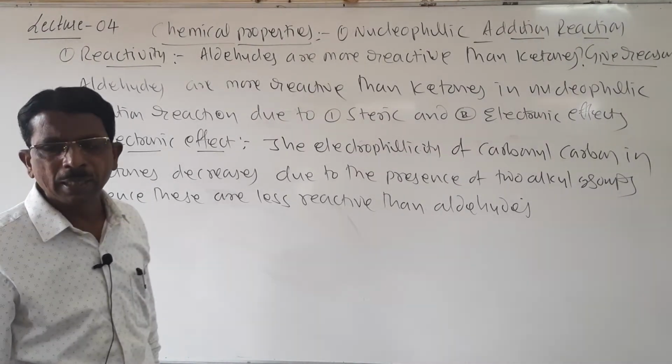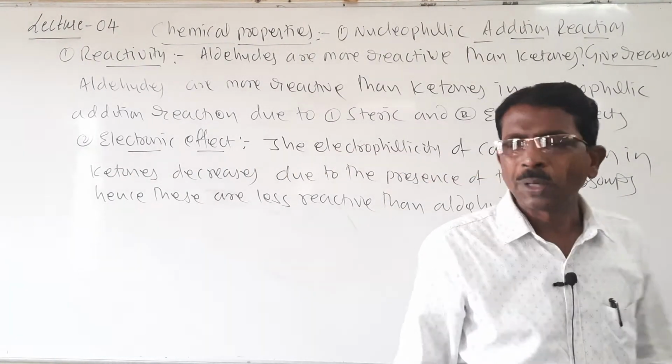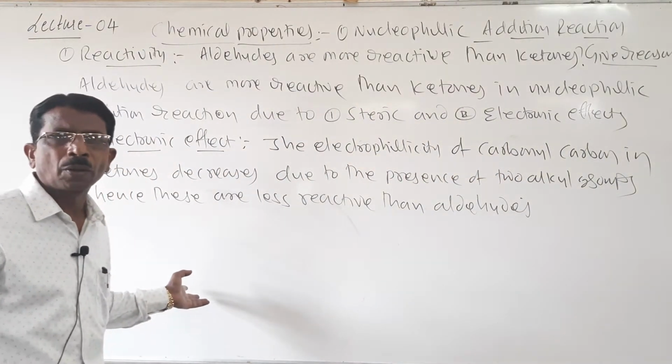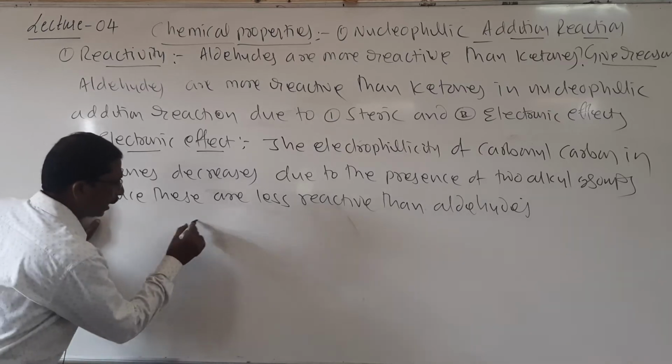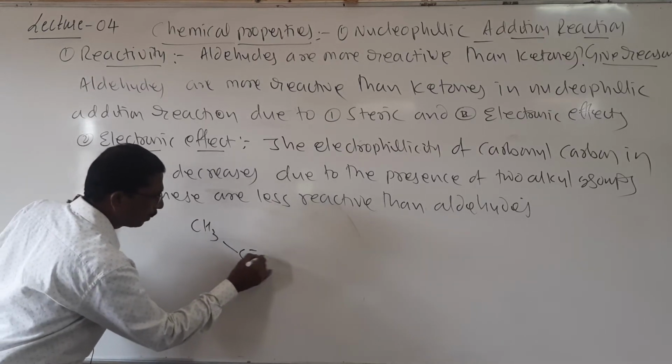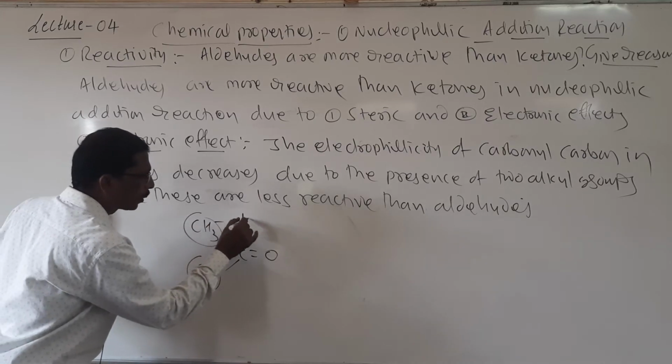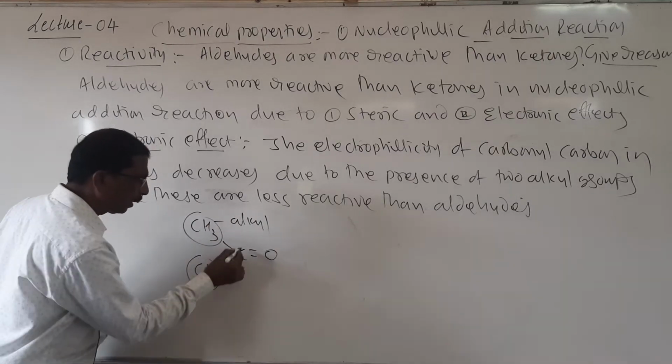Look here students, this is the reason. In case of aldehyde, the electrophilicity is more because it has only one alkyl group. Here CH3, C double bond O, CH3: two alkyl groups are there, and therefore the electrophilicity decreases.